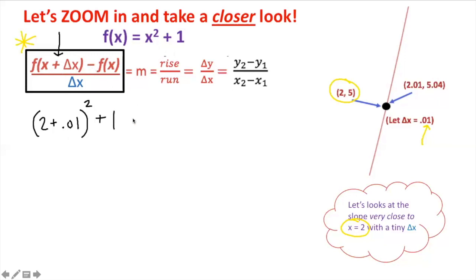Now I have minus f of x. So I have minus x squared plus 1, and again we're plugging in 2 for x. That's the numerator, plugging in all the particulars. x is 2, delta x is 0.01, the function is x squared plus 1, minus the function x squared plus 1 evaluated at 2, so 2 squared plus 1.